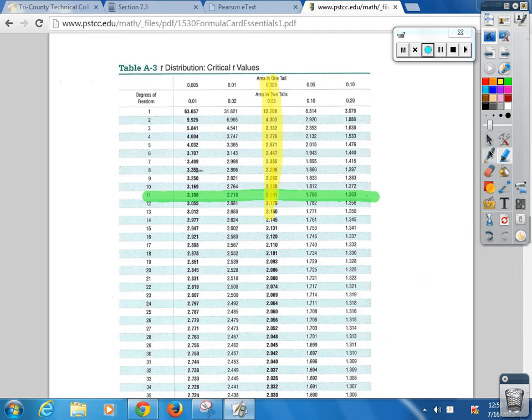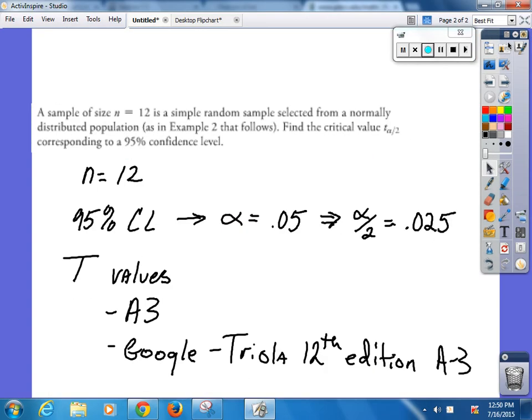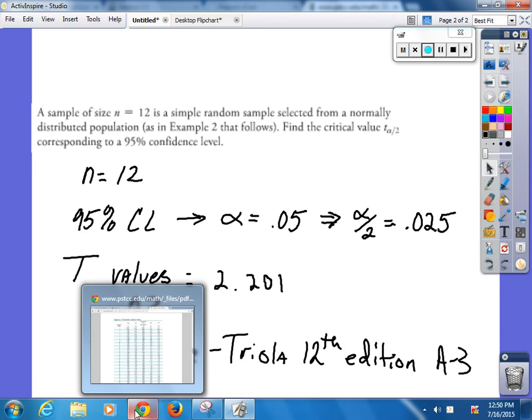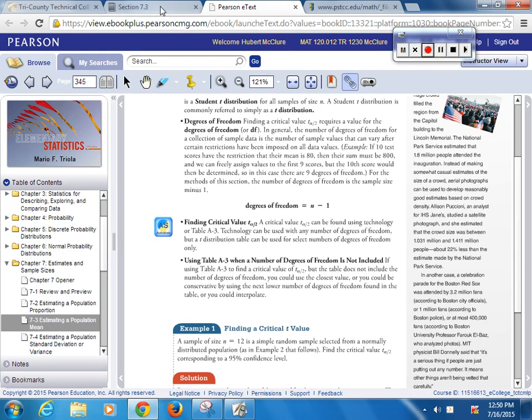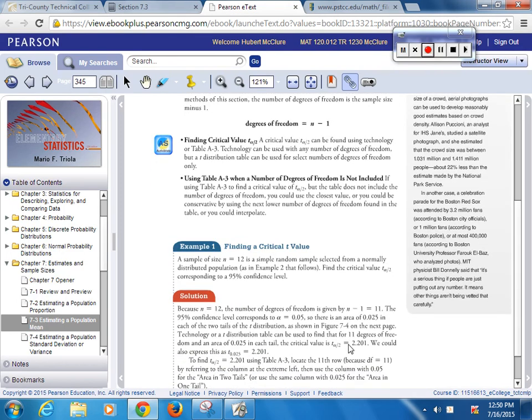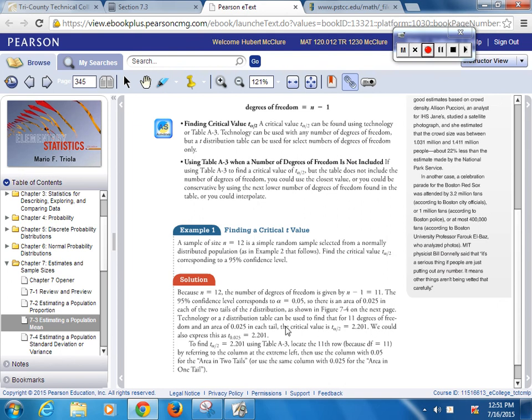So, let's go back. And we know that our t is equal to, what'd I say, 2.201? And that's where you get it right here.